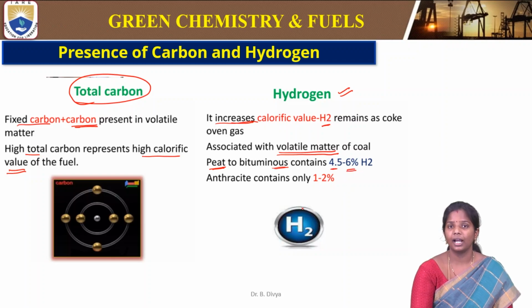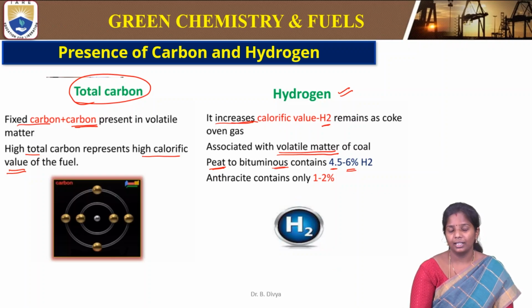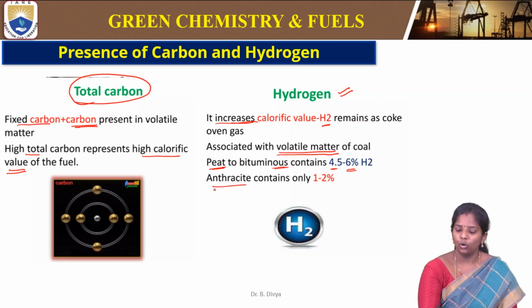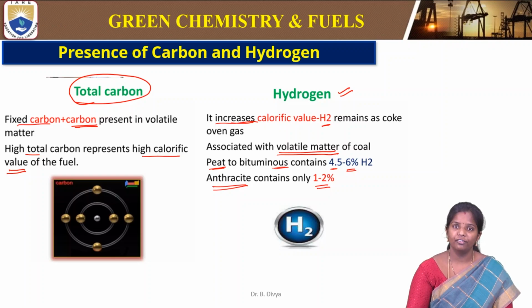After that, there is very little in anthracite, which is why anthracite is the purest coal. It contains only 1 to 2% of hydrogen.